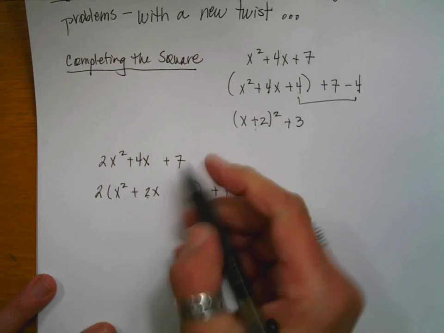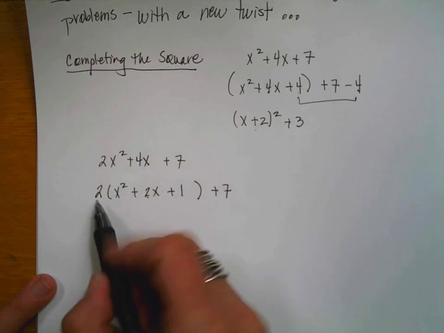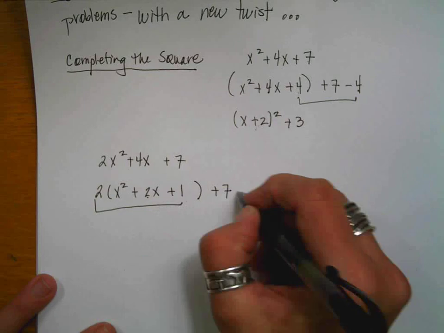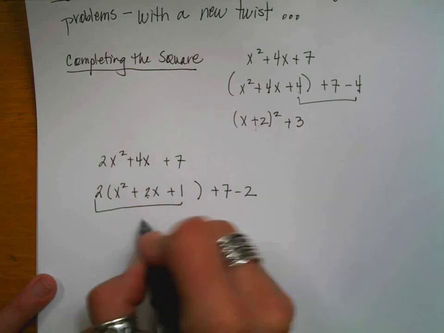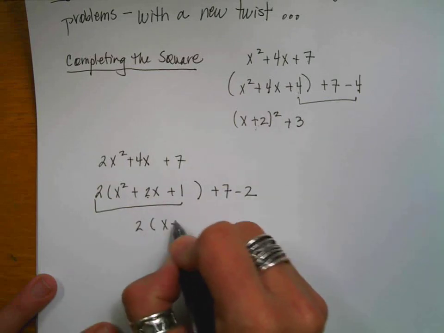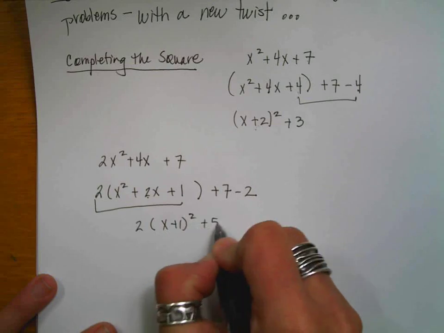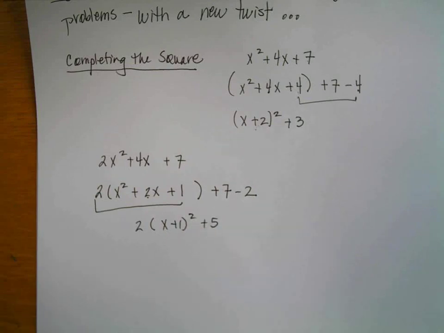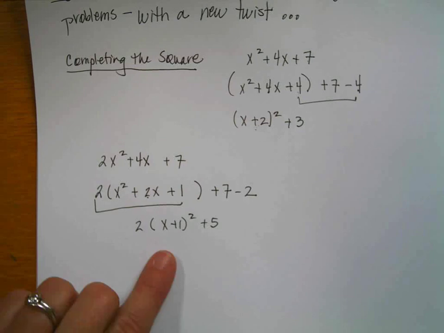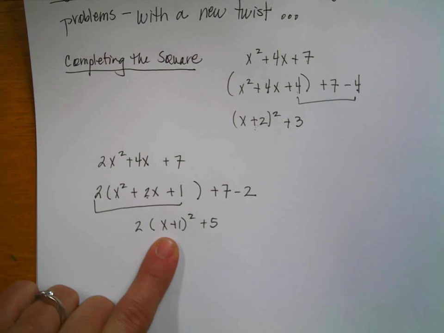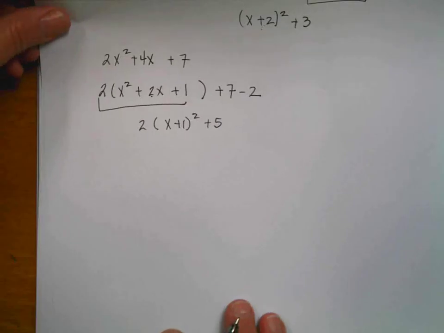Now half of 2 is 1, squared is 1. Then I distribute that 2 times 1 and I subtract 2. So I get 2 times x plus 1, quantity squared, plus 5. Completing the square generates a perfect square binomial, so then I can go ahead and use my arc-trig problems.